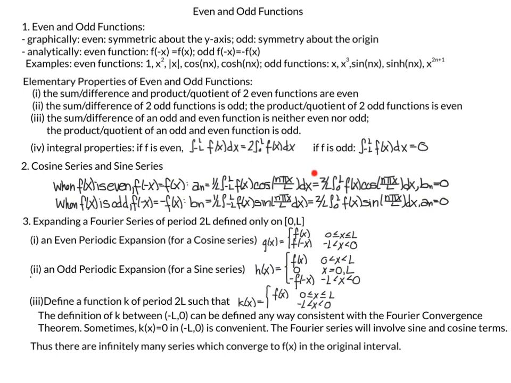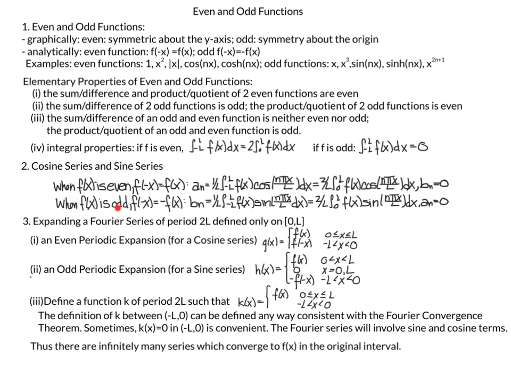So our formula for our cosine coefficients, if f is even, can be converted to this formula here, where we have twice the integral, but now we integrate from 0 to L. And then because f is even, when we multiply by our sines to find our sine coefficients, we'll have an odd function, meaning our b of n will go to 0.